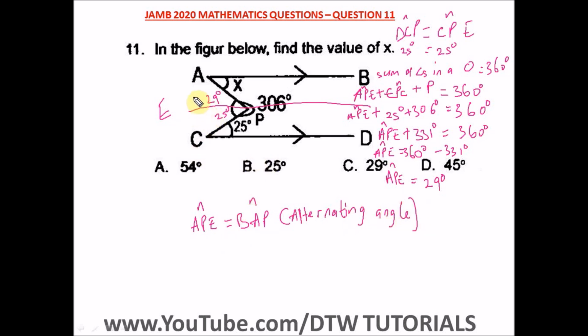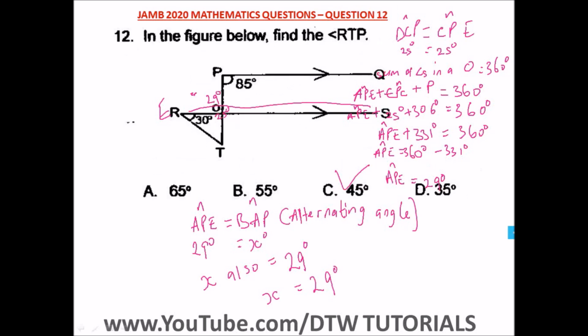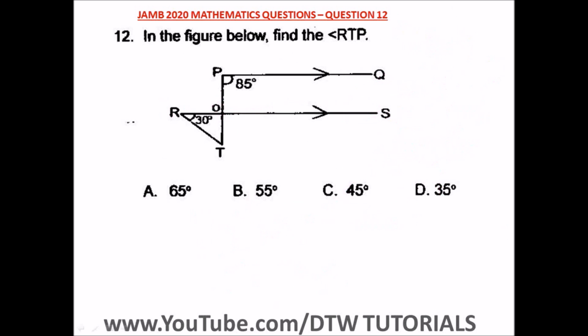So if here is 29, therefore x also is equal to 29 degrees. So our x is equal to 29 degrees. So our answer here is C. So with that, go to the next question.